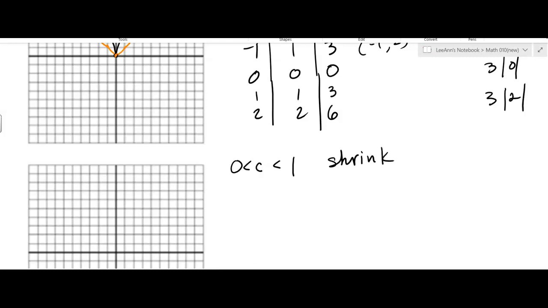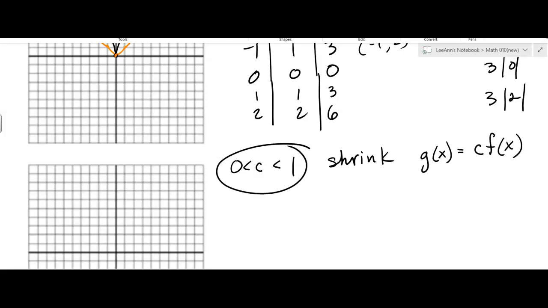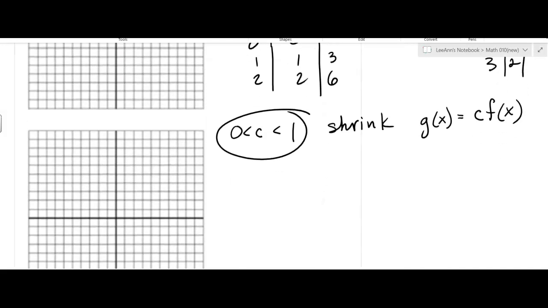Okay? So g of x would equal c times f of x, but this time c is between 0 and 1. So an example would be, let's take our absolute value one again. So here's f of x being the absolute value of x, but now g of x is something like 1/2 the absolute value of x.